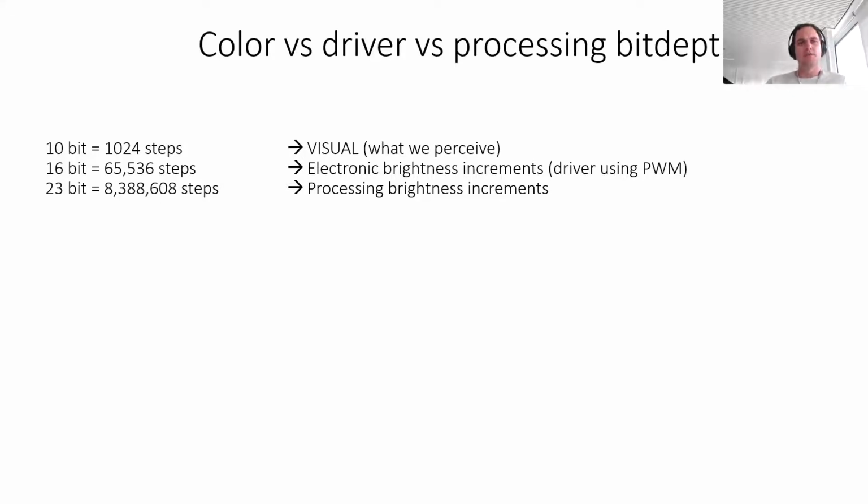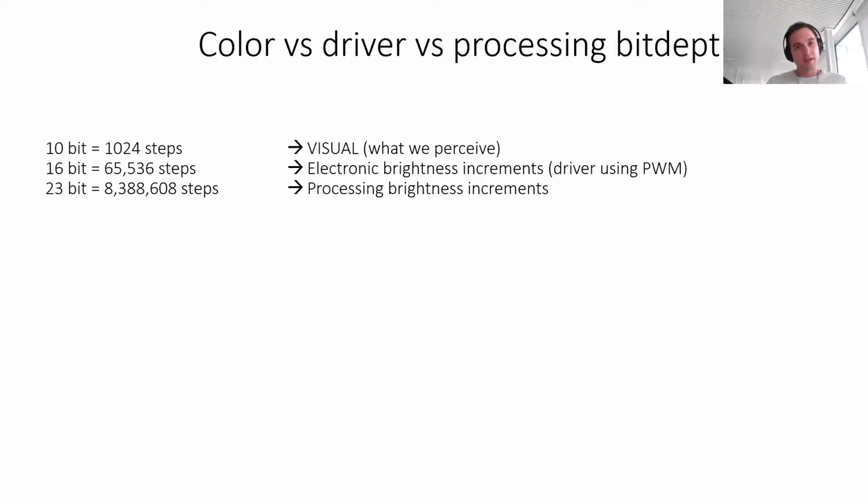And these are the visual consistent increments in brightness that we can perceive. So if you have an image, a picture, which is 10 bits, then let's say if the color is white, then this pixel can have 1024 brightness levels to depict a specific color.